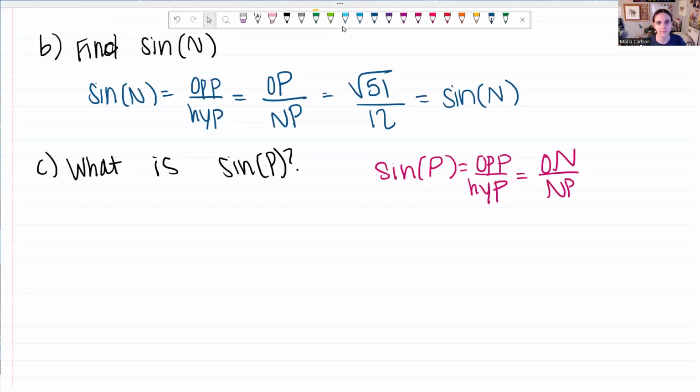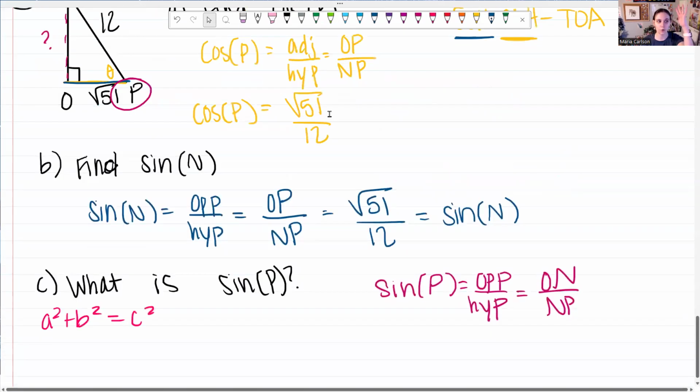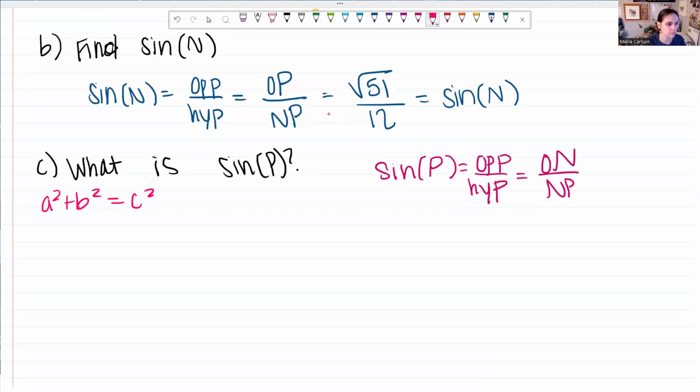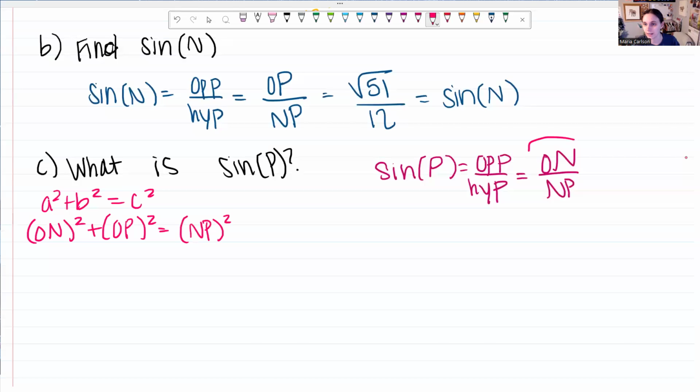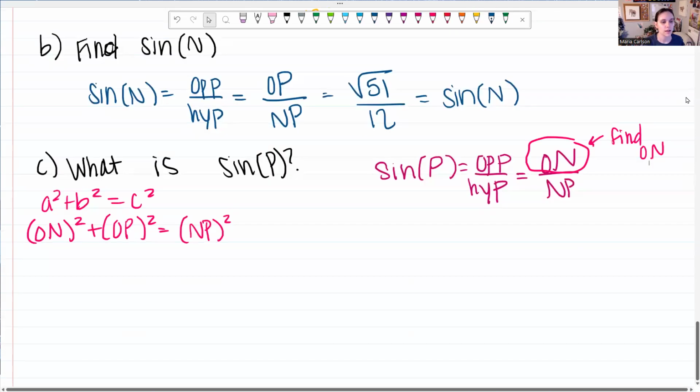This is a right triangle, so I can use the Pythagorean theorem. I can use the fact that a squared plus b squared equals c squared. In our right triangle, the two legs, ON squared plus OP squared equals NP squared. Now, I do not know what ON is. We need to find this. But I do know that OP is the square root of 51, and NP is 12.